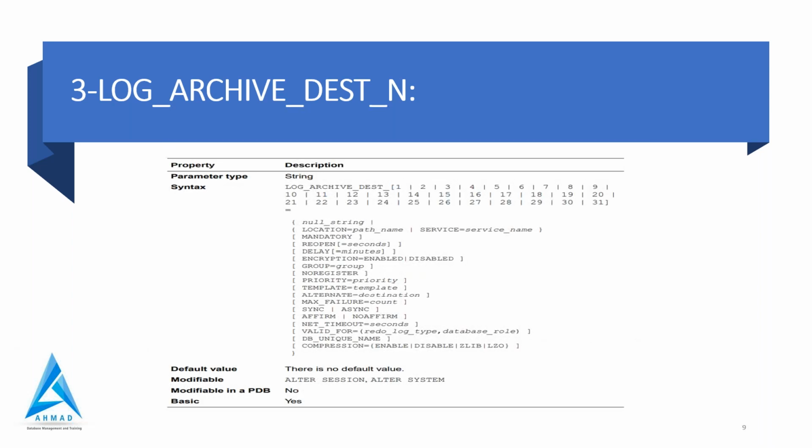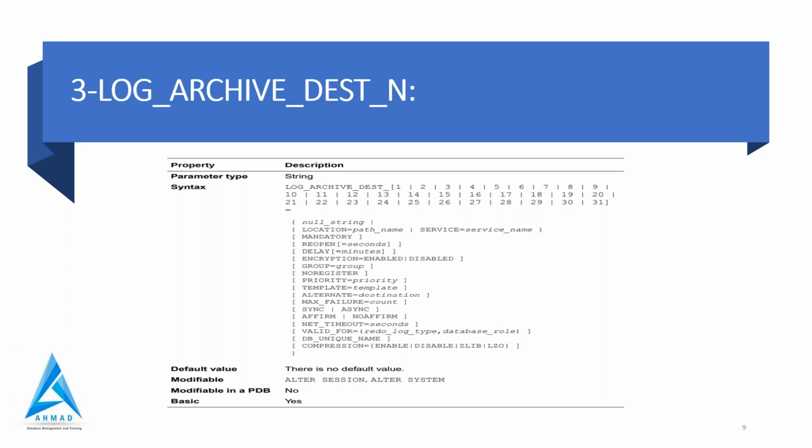It goes from 1 to 31, with attributes like MANDATORY, REOPEN, DELAY, ENCRYPTION, NOREGISTER, ALTERNATE, which we will discuss later on. There is no default value, and it is modifiable by ALTER SESSION and ALTER SYSTEM, but not modifiable in a PDB.